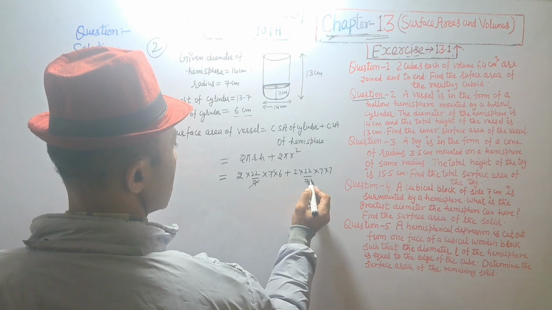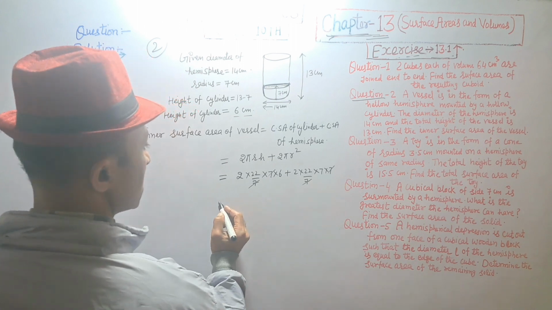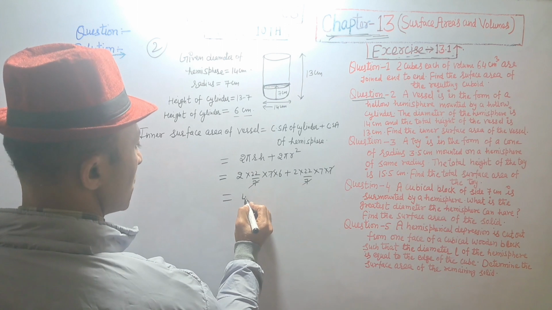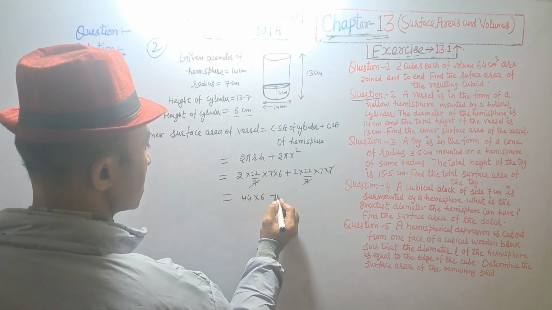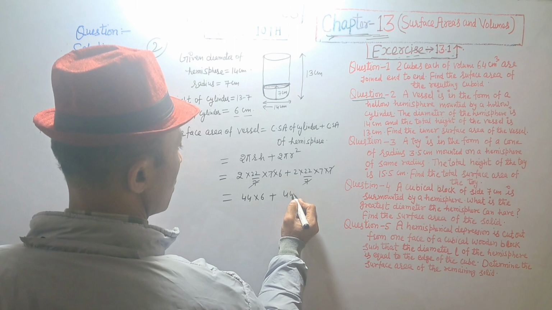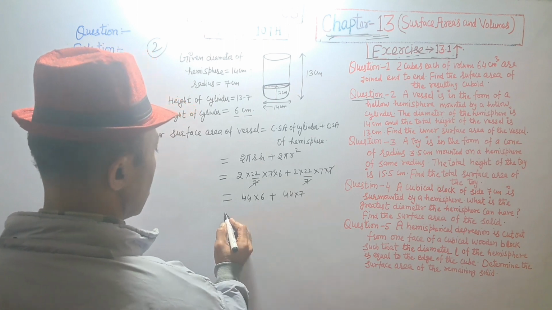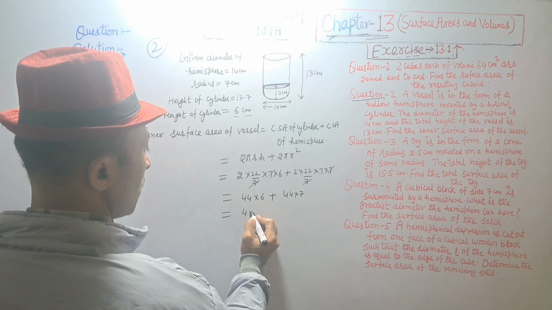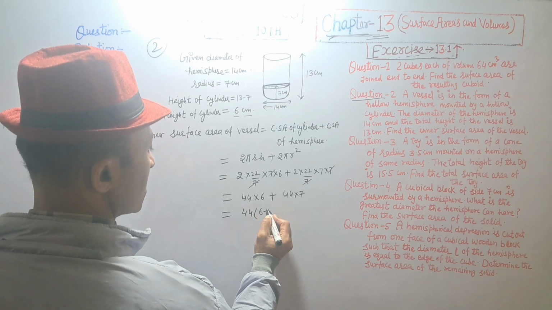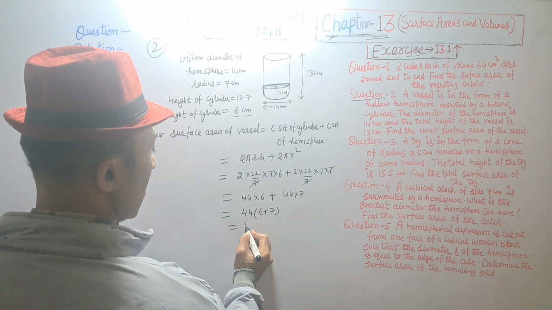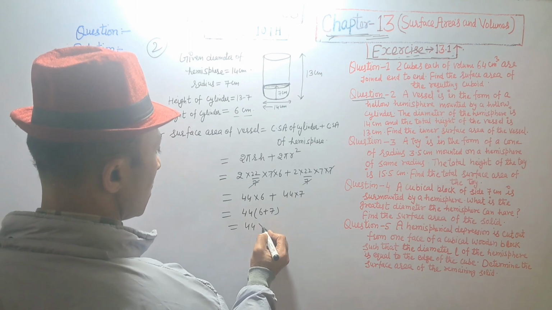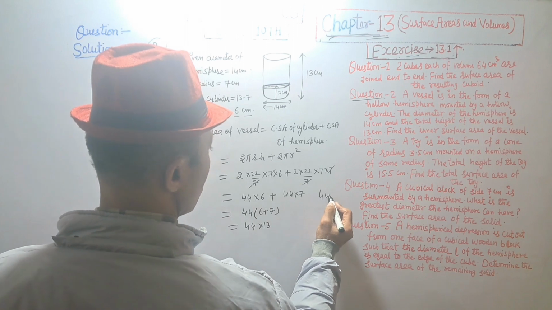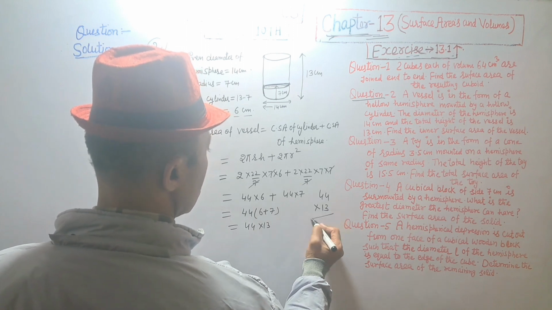The 7s cancel, and we get 2 into 22 that is 44 multiplied by 6 plus 44 multiplied by 7. 44 is common, so 44 into 6 plus 7 in bracket, that is 44 into 13.